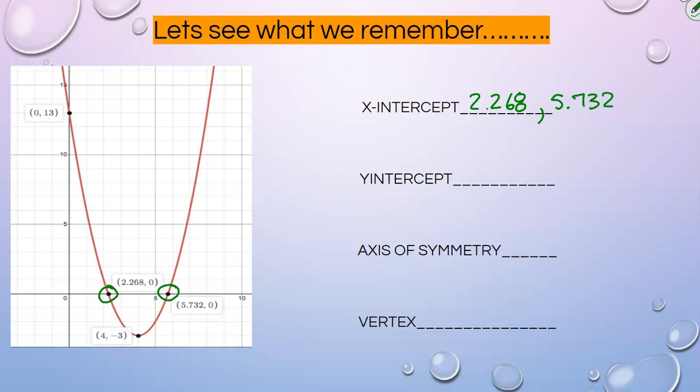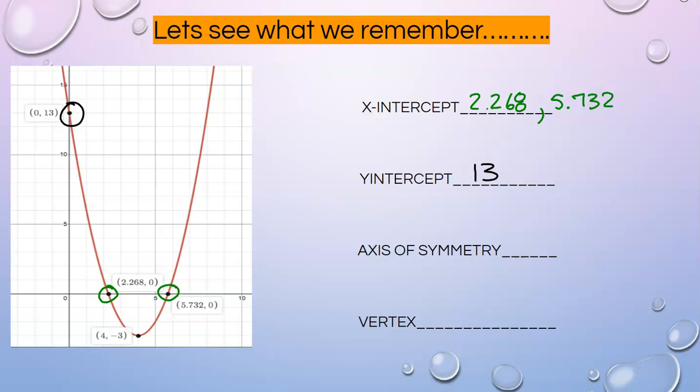Okay, those are x-intercepts. The y-intercept is where it crosses the y-axis. I'll get a different color. It crosses the y-axis here, because that's our y-intercept at that point. So it crosses the y-axis at 13, okay?